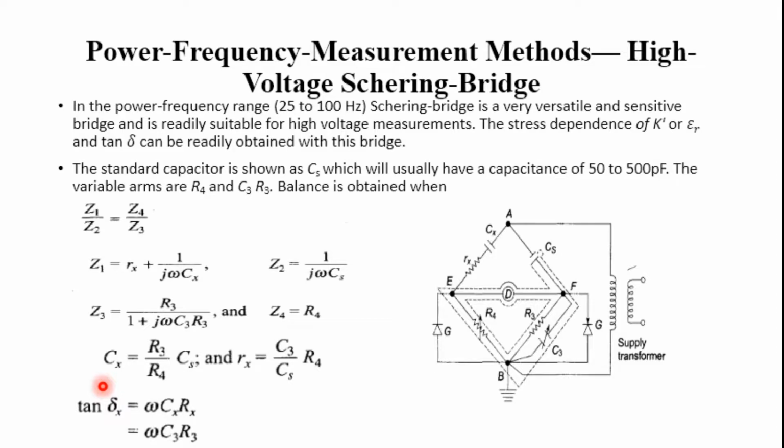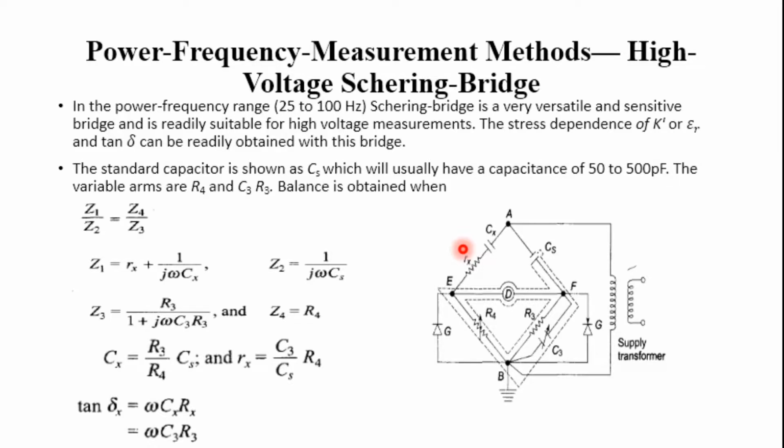The lossy capacitor, which is equivalent to Cx in series with Rx, can be represented as a parallel combination of Cx and Rx, where the parallel Rx is found. I am going to explain this in the next slide, with Cx having the same value.